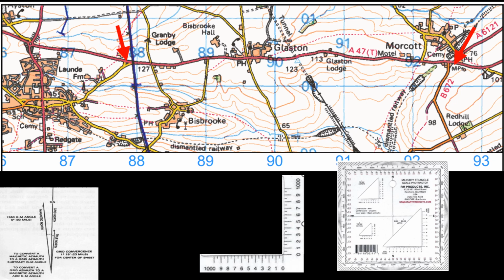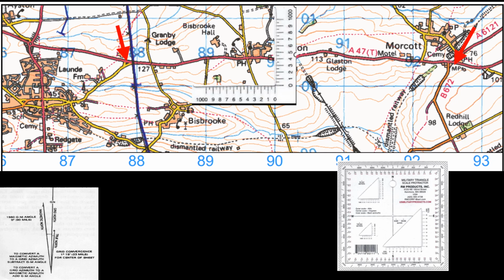So let's figure out a grid coordinate for this building or whatever it is right here. So what did we learn last time? You take your protractor, you match it up to the grid square that it is in.